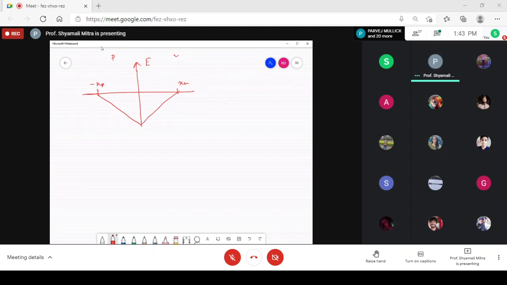Okay. So this is the profile for the electric field.